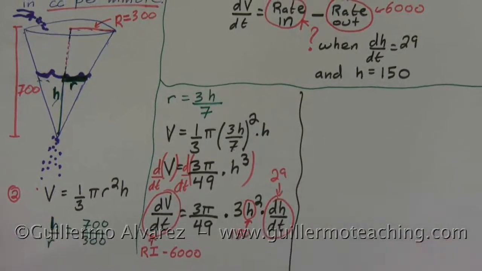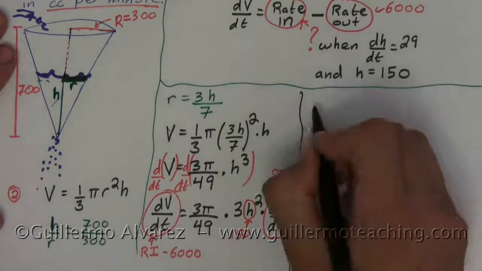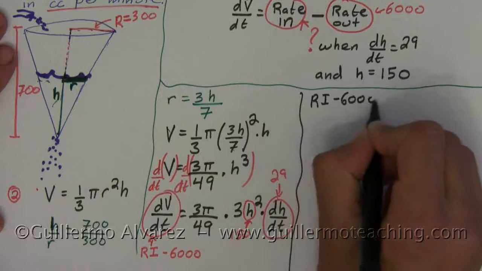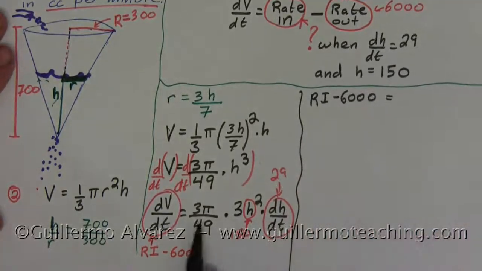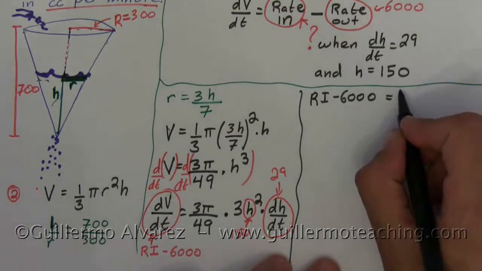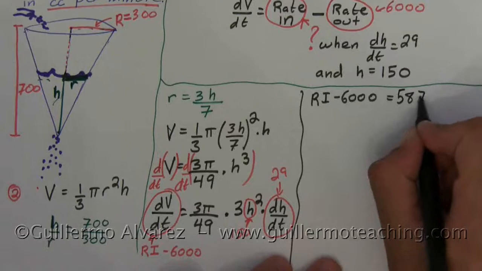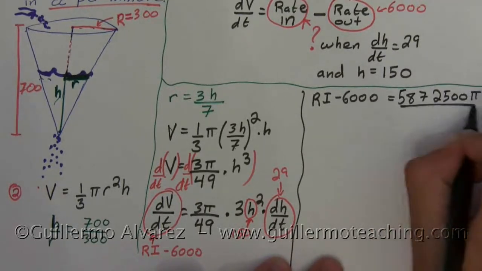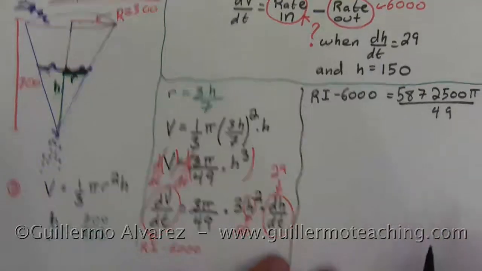Okay, so if I plug all of that stuff in, I get the rate in minus 6,000 is equal to, I need to multiply all this stuff out, 5,872,500 pi over 49.